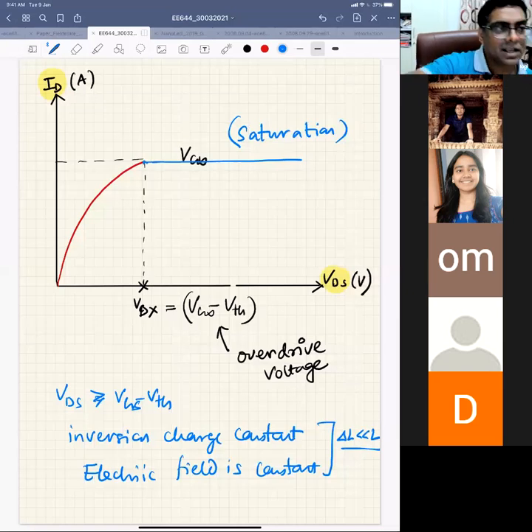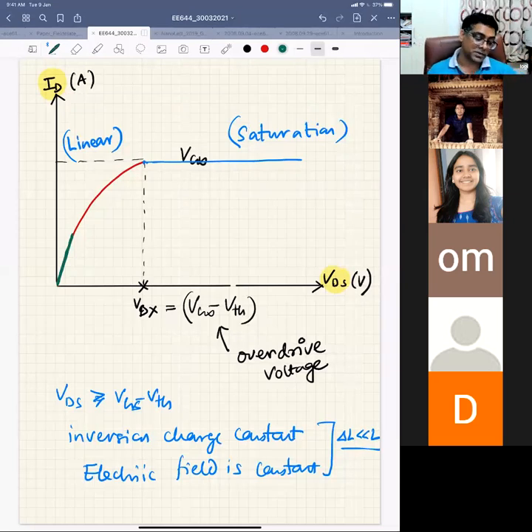But in this case, when the current saturates, we call it the saturation region, and the transistor goes into saturation when VDS is more than VGS minus VTH. And the other part, this part here, is called linear, because if you look at the lower VDS part, at small VDS, your current ID is linearly proportional to VDS.